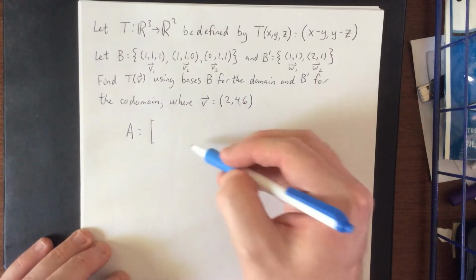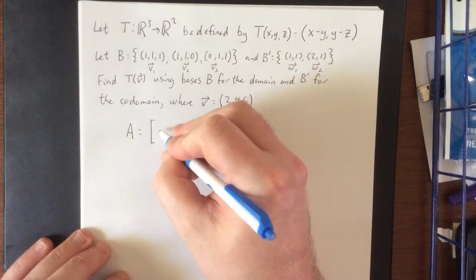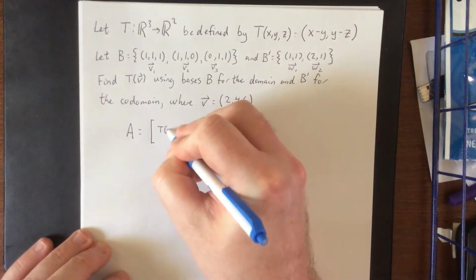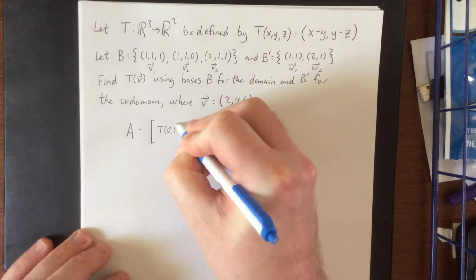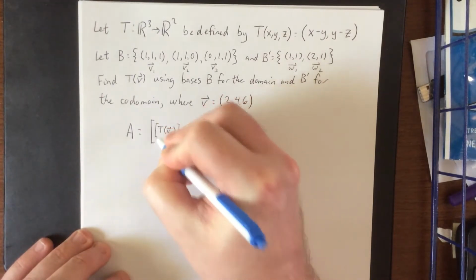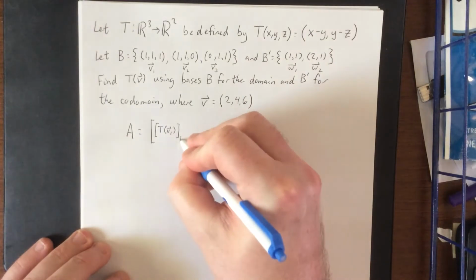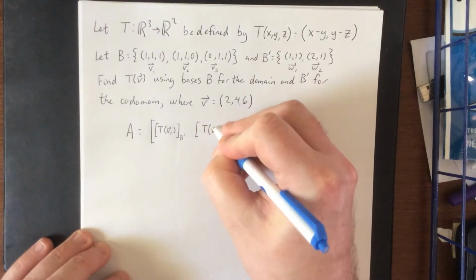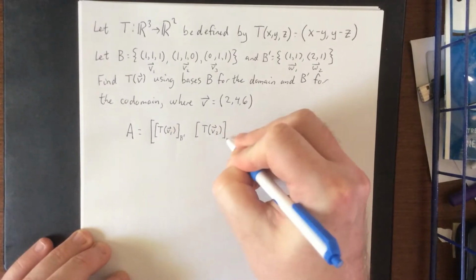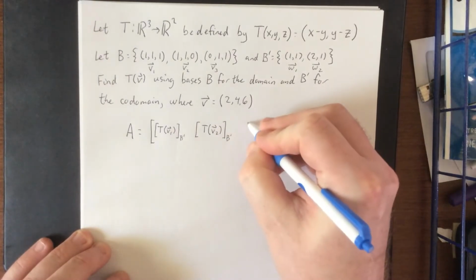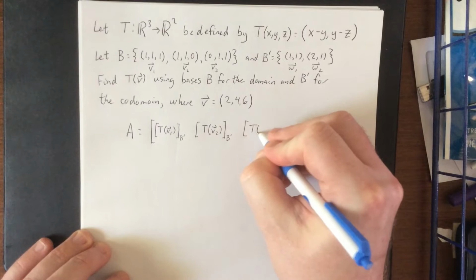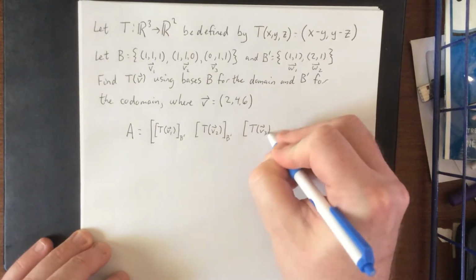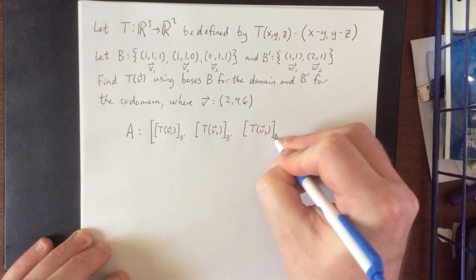So each of the columns in this matrix is going to be the image of one of our basis vectors relative to the non-standard basis B prime. So image of v2 relative to B prime, and the image of v3 relative to B prime.